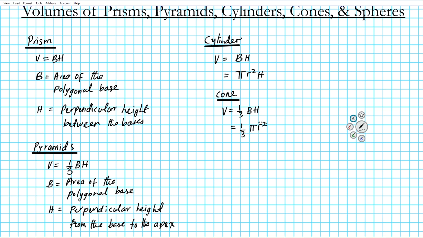So 1/3 pi r squared, which is the area of base, times the perpendicular height. And then lastly, we have a sphere, just like a ball. The volume of a sphere, V, is equal to 4/3 pi times radius cubed.